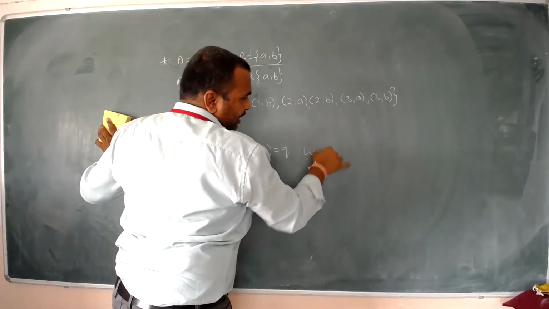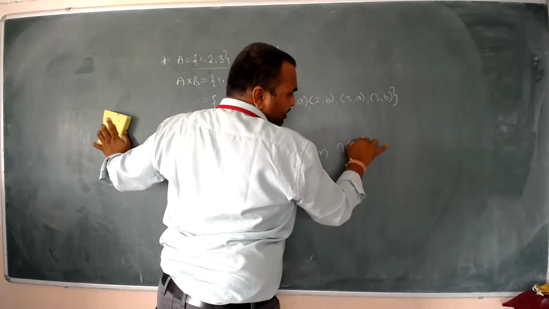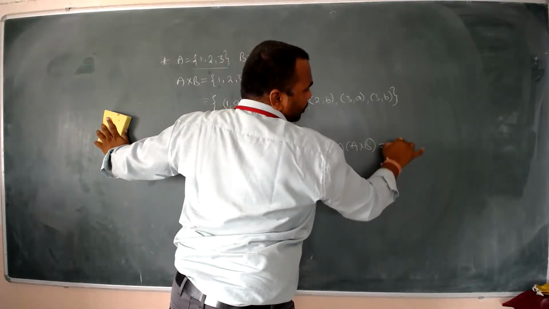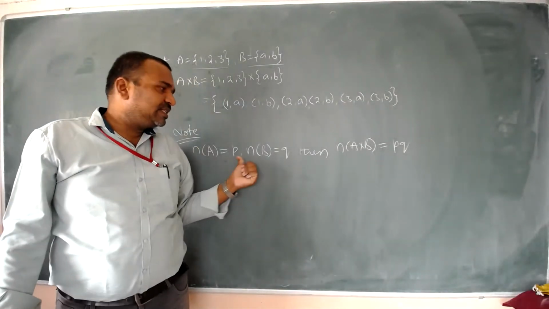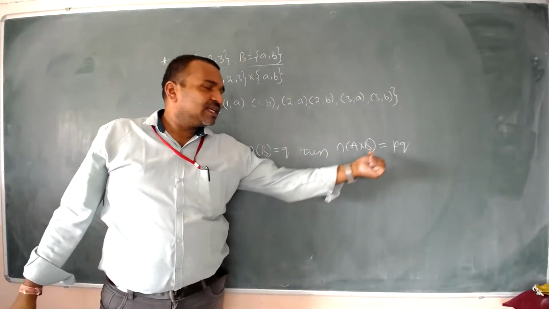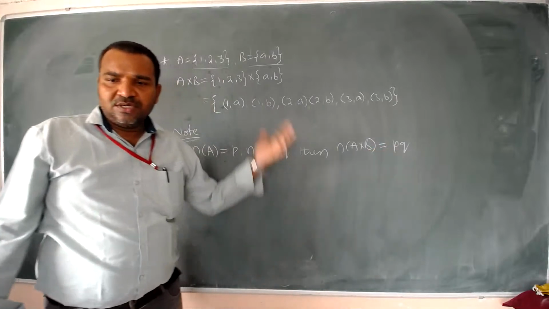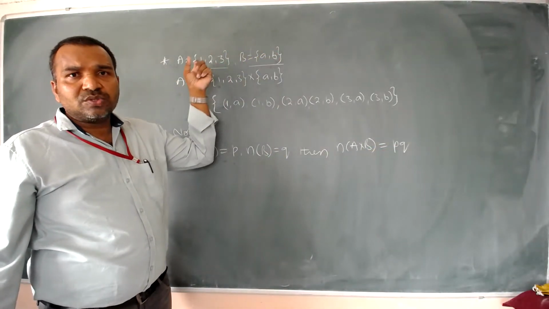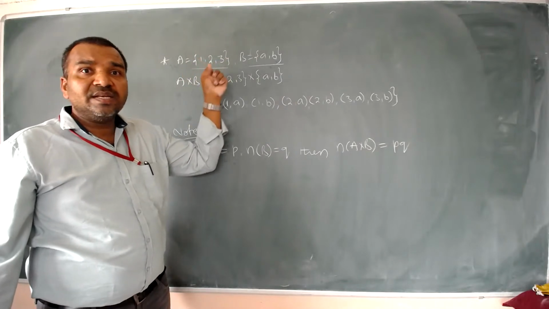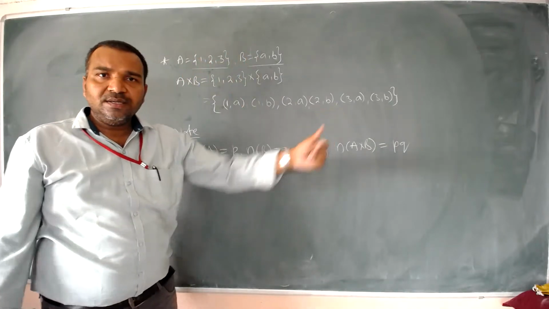Then n(A cross B) is equal to pq. Means A has p elements, B has q elements, then A cross B has pq elements. Check it with the previous problem. A has 3, B has 2. So A cross B has 3 into 2, 6 elements. Correct?